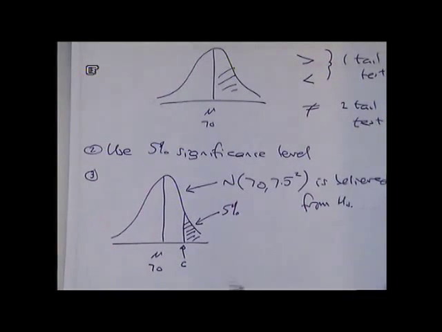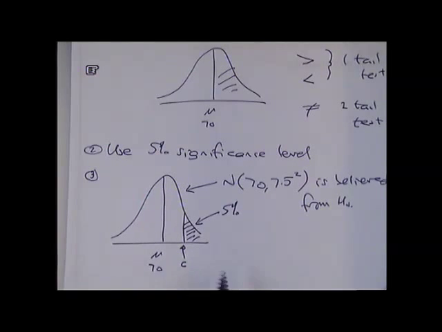So what we're going to do in a minute is work out this critical value C, and if the mean of our sample is in the shaded area here, if the mean of our sample is greater than C, then we are going to conclude they are actually heavier as a year group than averaging 70. Because the chance of our sample just getting those people is 5% or less, and we're declaring that's so unlikely that actually the whole year group is heavier.